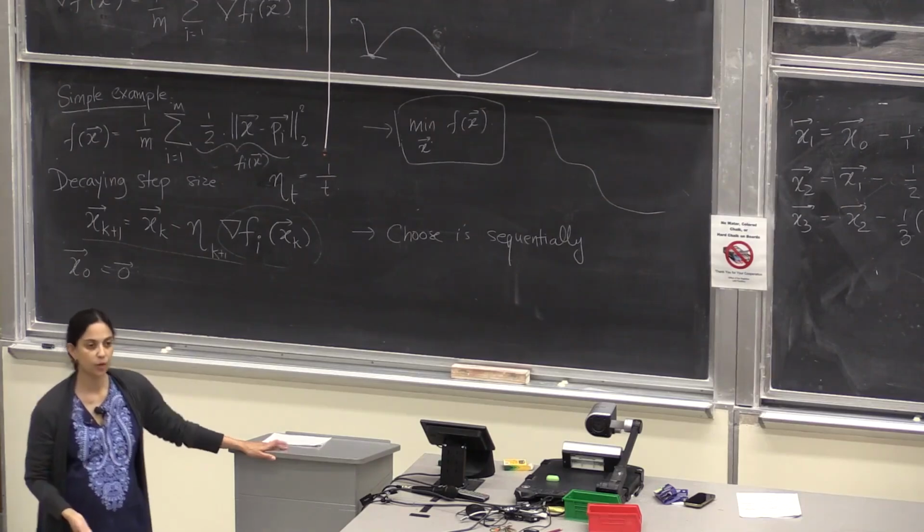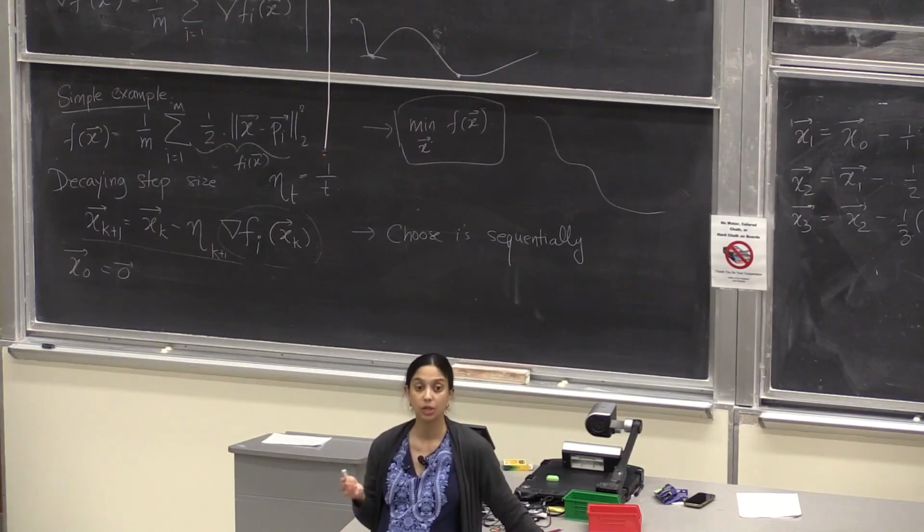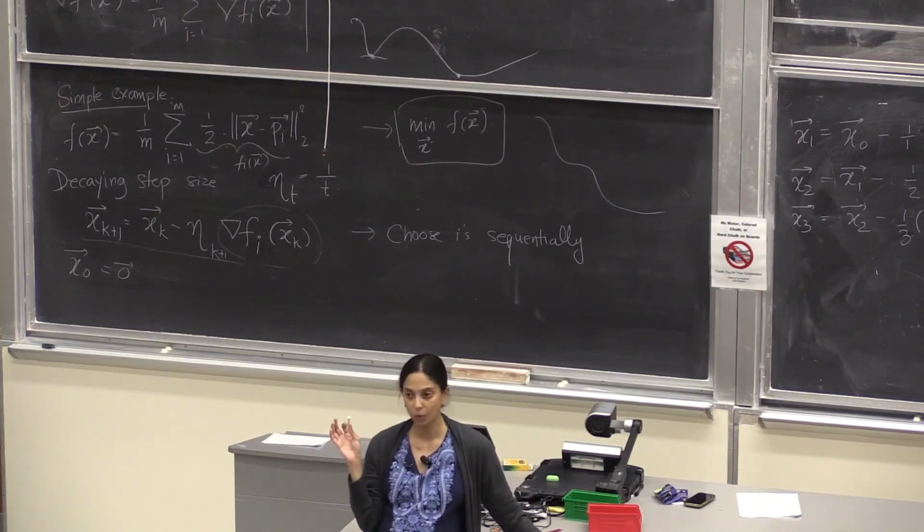Yeah, so great question. What if the step size that you choose is really small so that it converges to the wrong place? This is, again, one of the big things in machine learning research: how do you choose or optimize your step size, or what in machine learning is often called your learning rate.